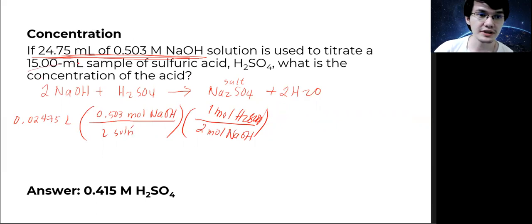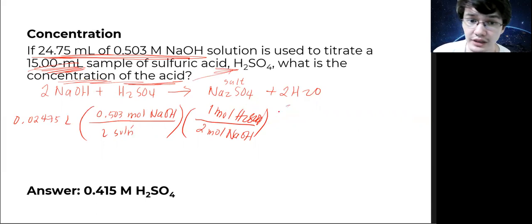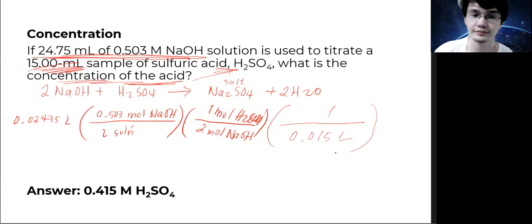Then we have the volume of the sample. What we should get as the product is the concentration of the acid, the concentration of sulfuric acid. So now that we have the moles, we divide it by the volume of the sample, which is 15 ml. Then we will get 0.415 molar.